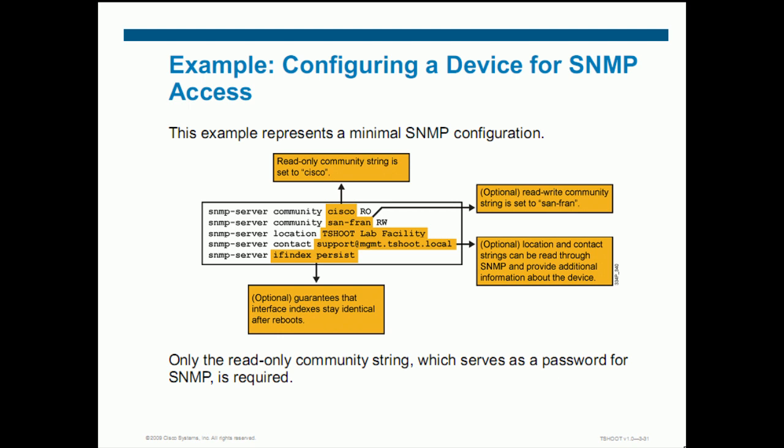Now, why is that important? If I change interfaces during some maintenance session and we reboot the device, the actual internal indexing that the device uses might switch. What was interface 1, which was FastEthernet 0/0, maybe now 1 becomes some other interface from some other module.